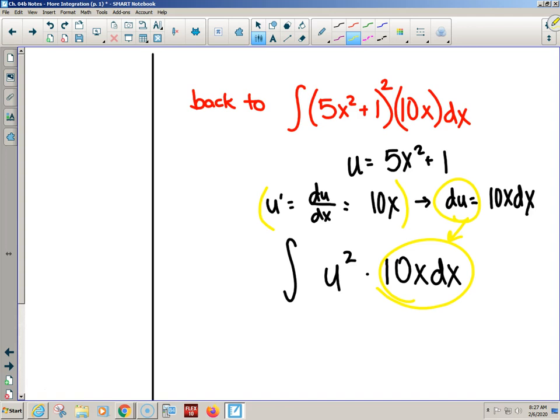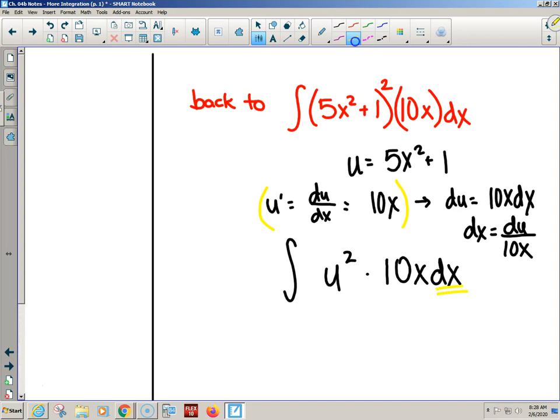However, I'm not going to do that, to prepare you for harder problems. Instead, that dx is illegal to stay if I'm trying to look at this integral in terms of u. So we're going to solve for dx. That nice 10x, that nice u prime, is not always there, but the dx will always be there.